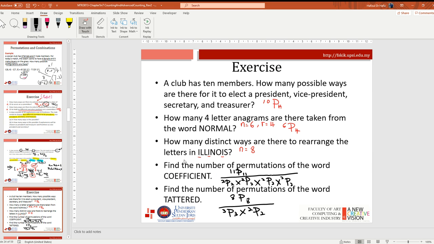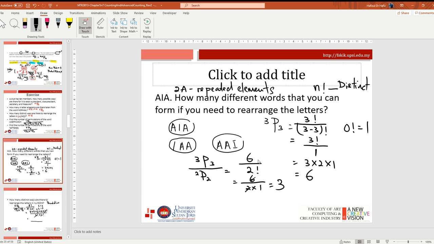This is another exercise. We have 10 members. We have 4-letter anagrams. n is 6, r is 4. How many different words can you form if you need to rearrange the letters? There are repeated elements.